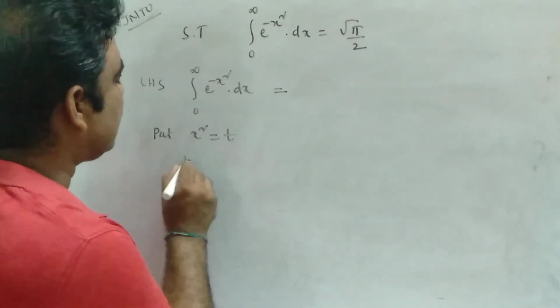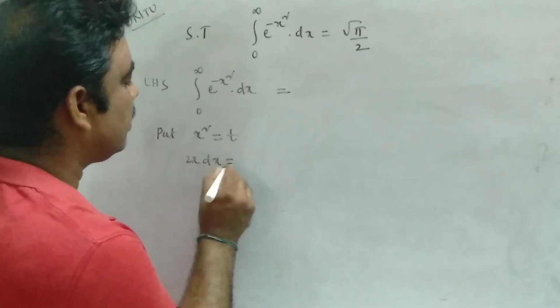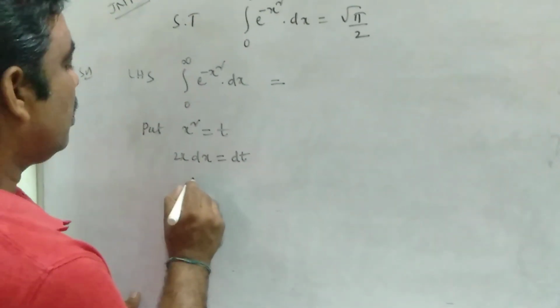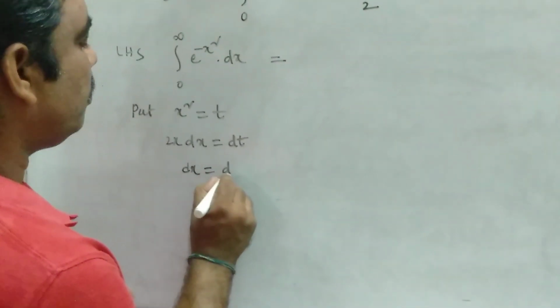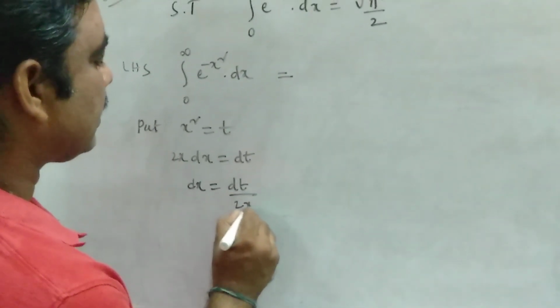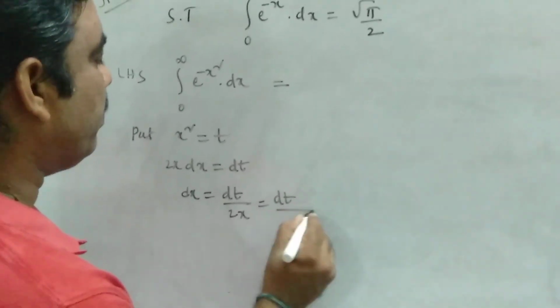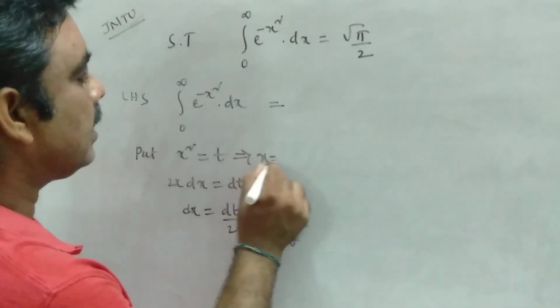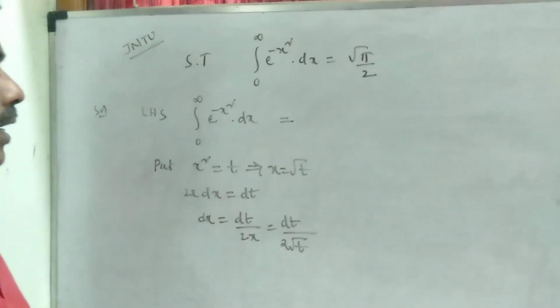Then on differentiating, 2x dx is equal to dt, or dx is equal to dt by 2x, which is dt by 2 root t, since x square is t means x is equal to root t.